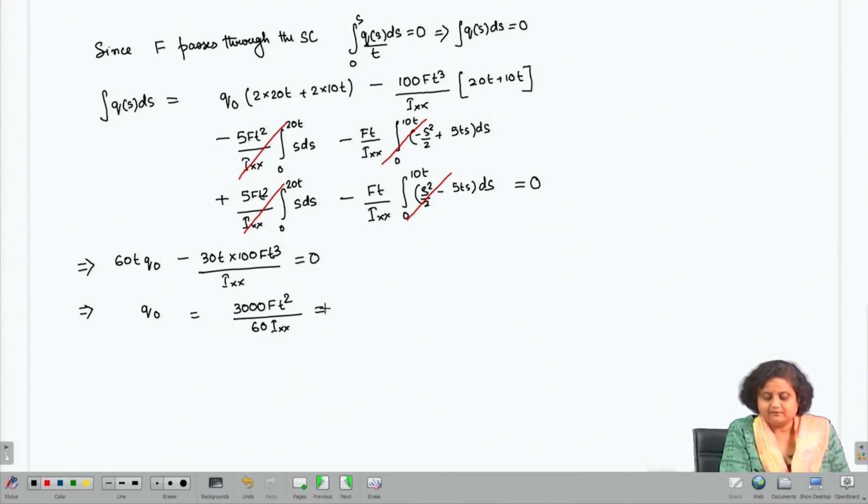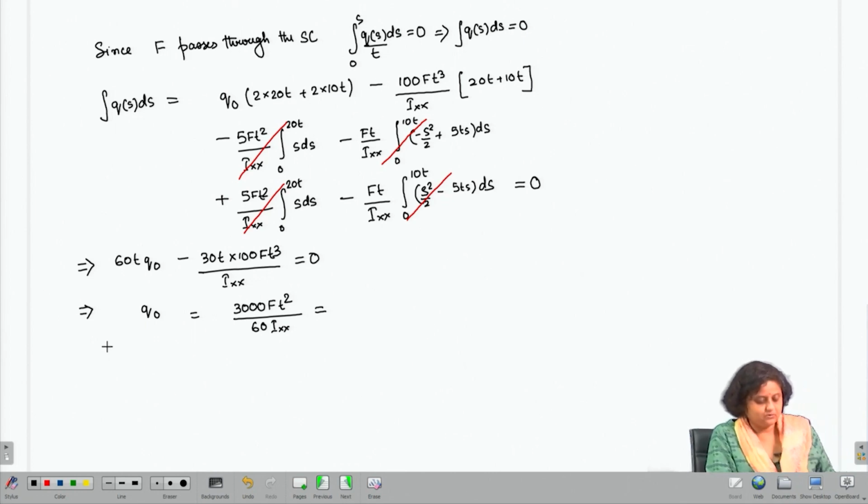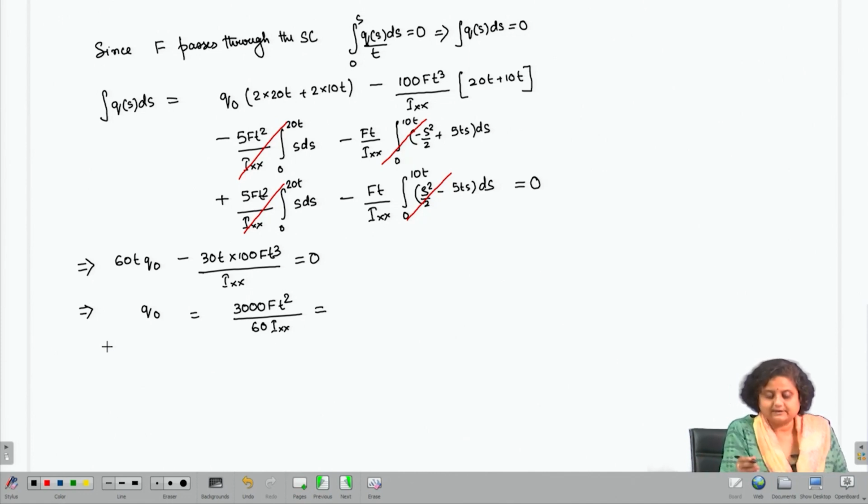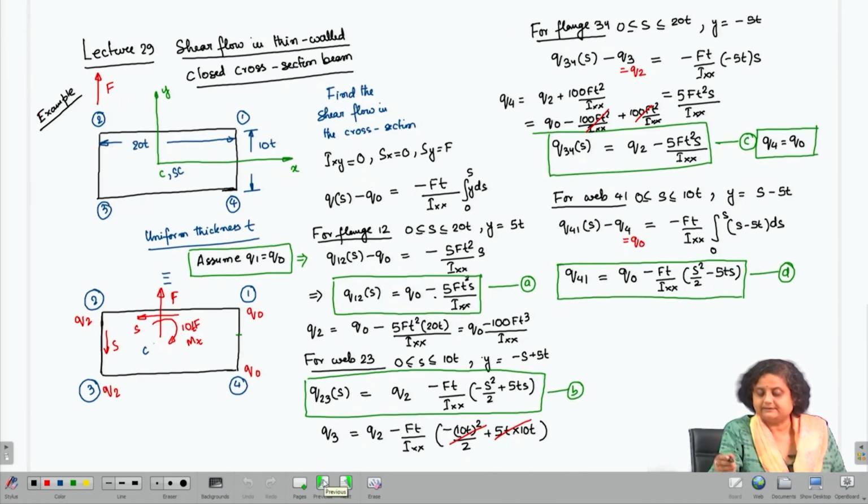If we evaluate Ixx, we will see that Ixx for this particular case is going to become 20. Let us evaluate Ixx. We haven't evaluated Ixx, so let us evaluate Ixx.